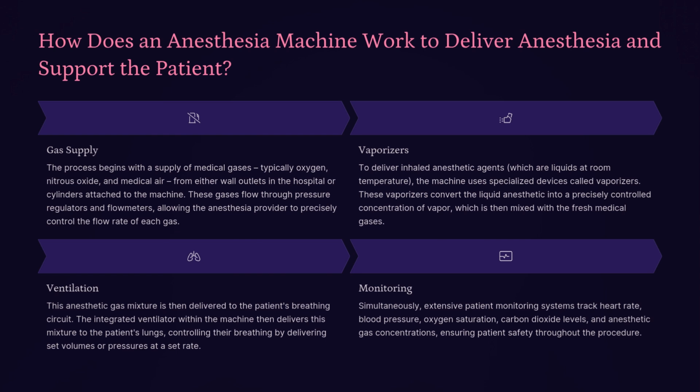The integrated ventilator within the machine then delivers this mixture to the patient's lungs, controlling their breathing by delivering set volumes or pressures at a set rate. Simultaneously, extensive patient monitoring systems track heart rate, blood pressure, oxygen saturation, carbon dioxide levels, and anesthetic gas concentrations, ensuring patient safety throughout the procedure.